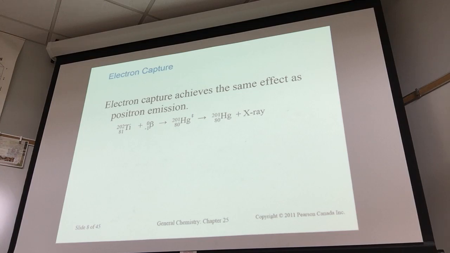Let's say this is the nucleus here and this is a core electron. One of the electrons in the core gets absorbed in the nucleus, and that leaves a hole here. That hole has to be filled by a higher energy electron dropping down. Higher energy would be maybe a valence electron up here, which drops back down to the core and emits a photon.